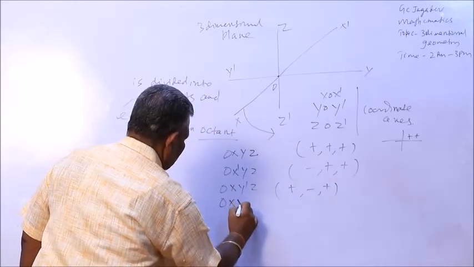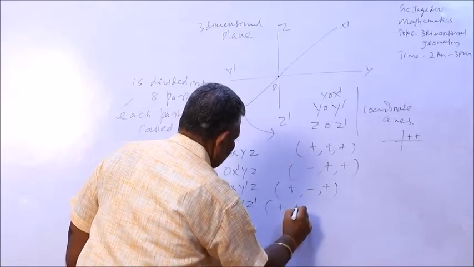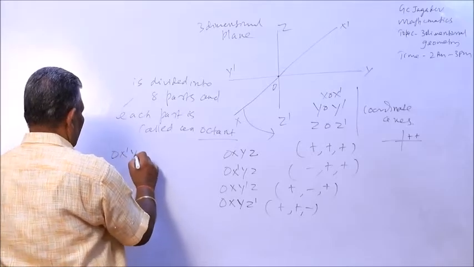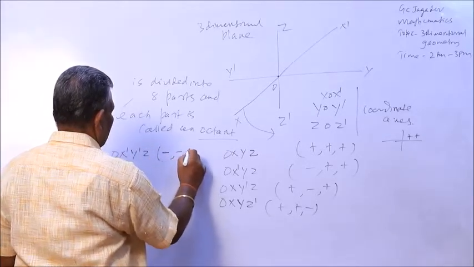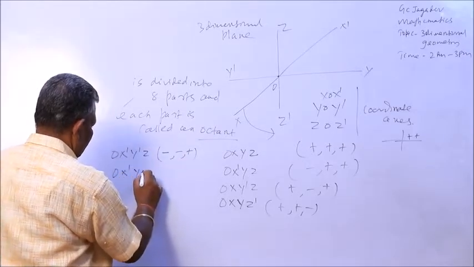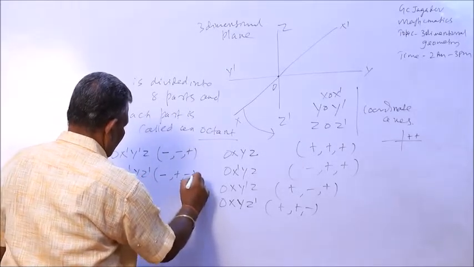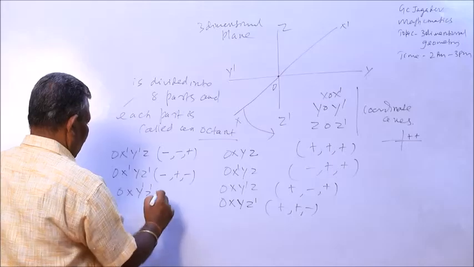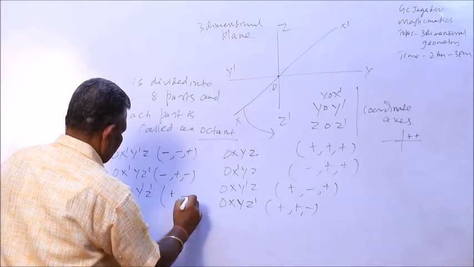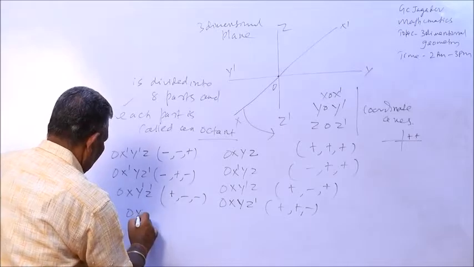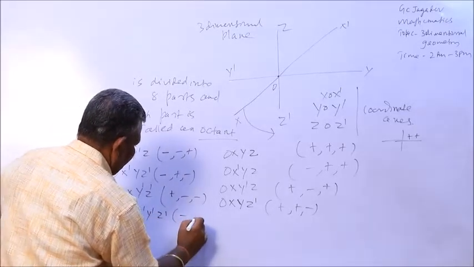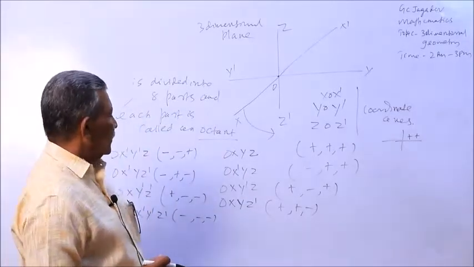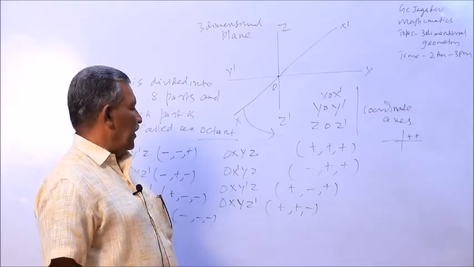OXYZ': plus, plus, minus. In OX'Y'Z: minus, minus, plus. OX'YZ': minus, plus, minus. OXY'Z': plus, minus, minus. And OX'Y'Z': minus, minus, minus. That means in these octants the signs for the coordinates of a point are like this.